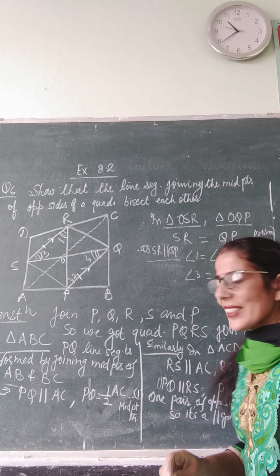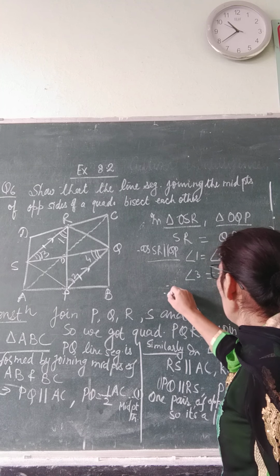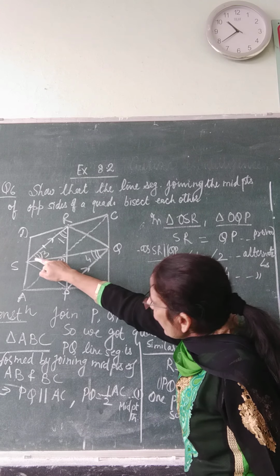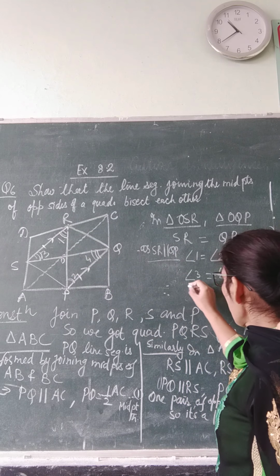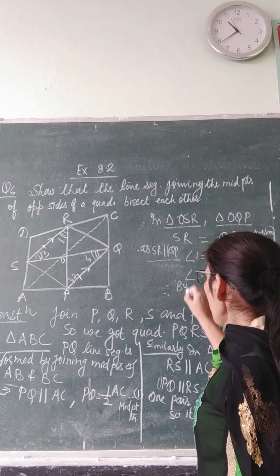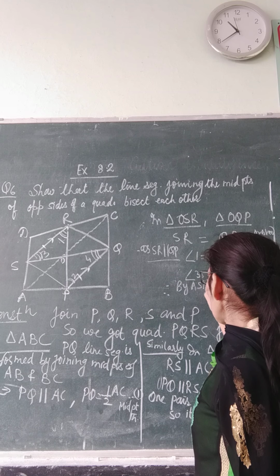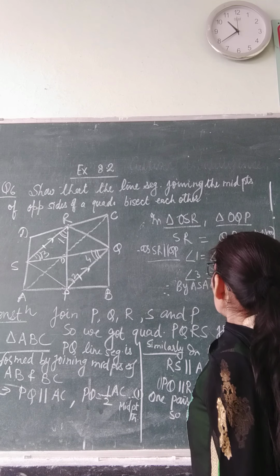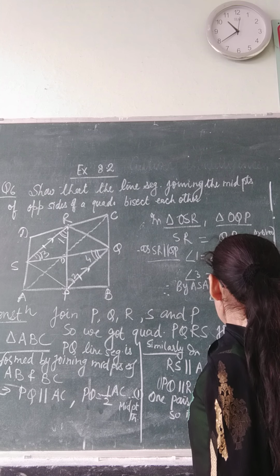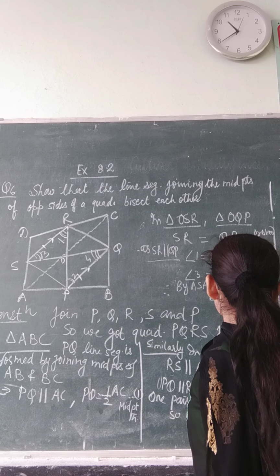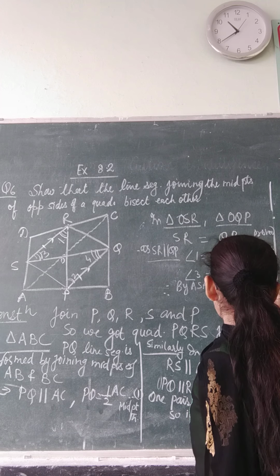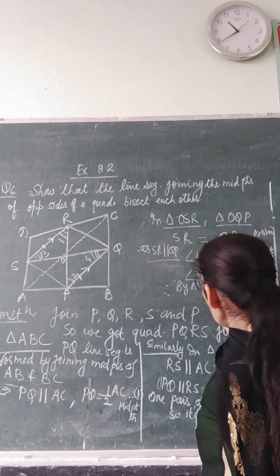They are alternate angles. Therefore, by ASA congruence, triangle OSR is congruent to triangle OQP. And what does it infer?